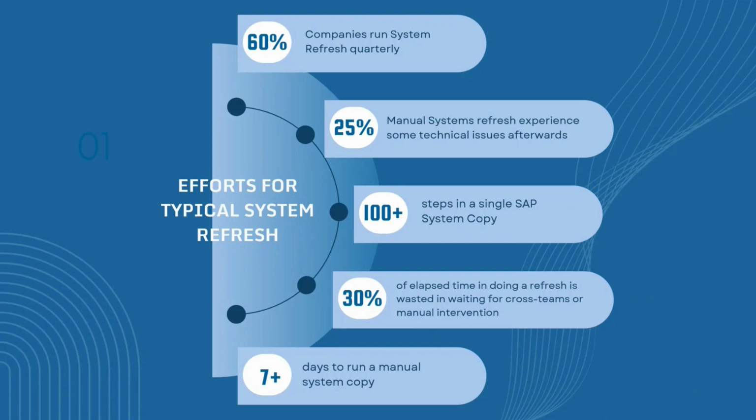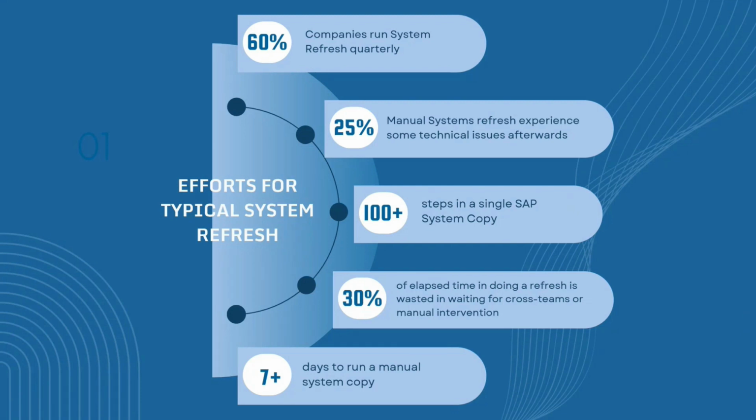And then the lapsed time that is typically wasted in the refresh, even if you get everything done from database, storage, basis, and then the application verification afterwards, is quite a bit of time spent waiting for cross-team handoffs. Typically, if you're doing a refresh manually, you might have the infrastructure team doing the actual OS side of things, maybe provisioning systems or configuring additional storage, and then handing that over to the database team to do a copy of the database.